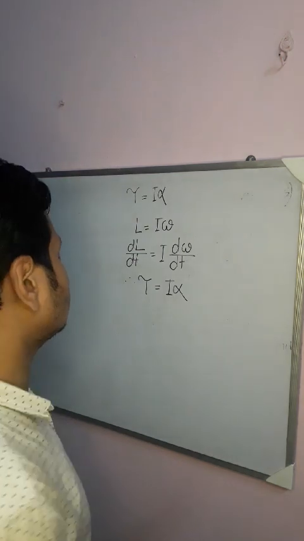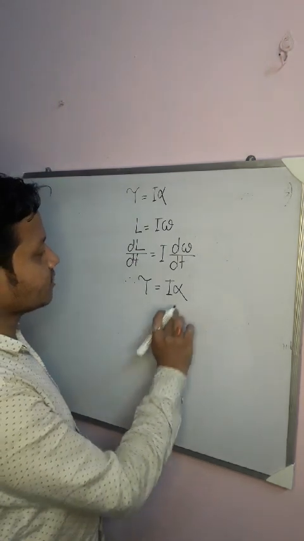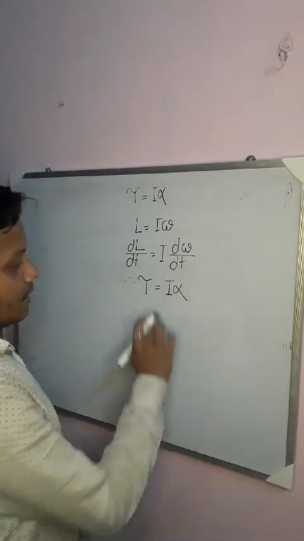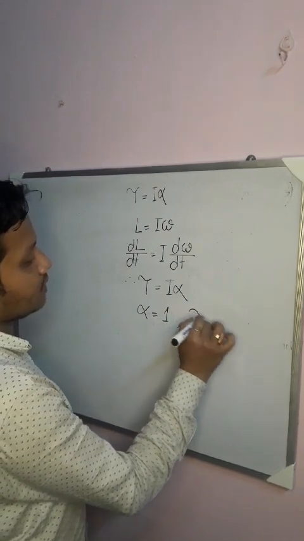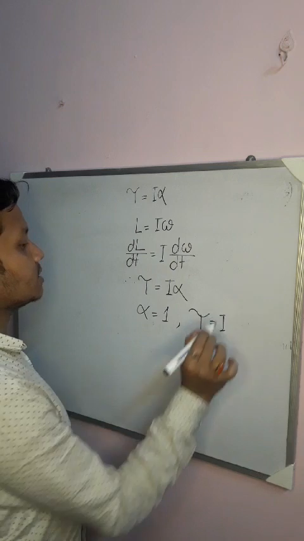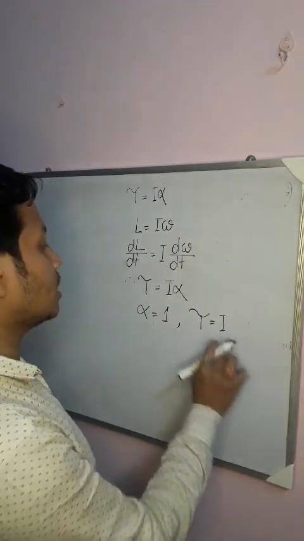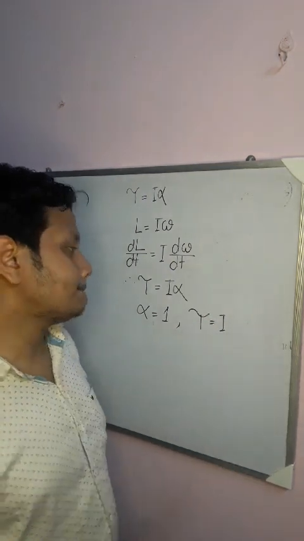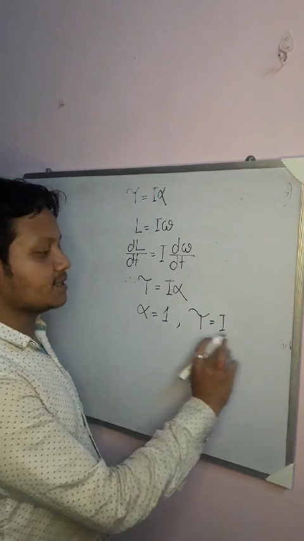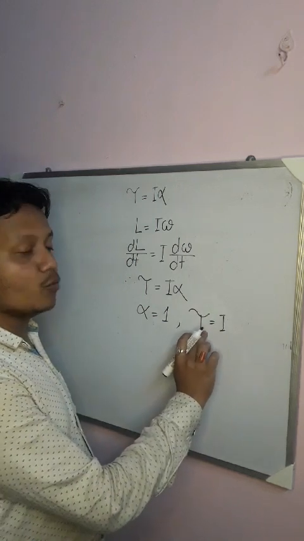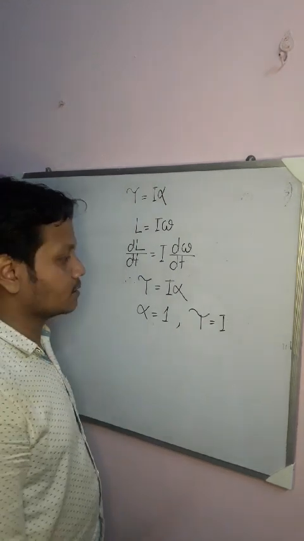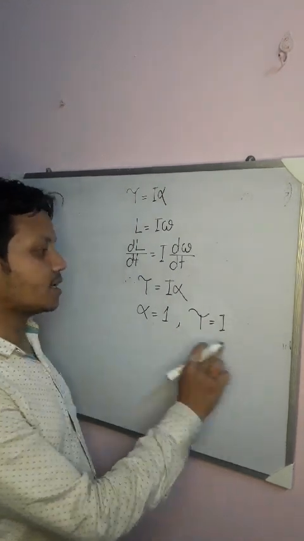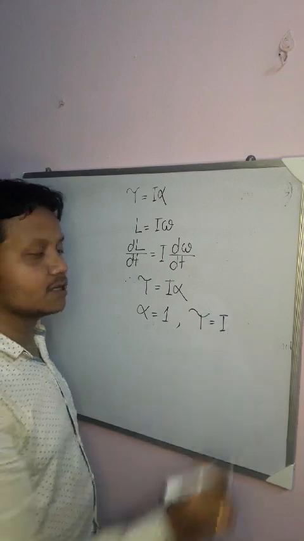So this is how this relation comes. If you take alpha as 1, then the moment of inertia is numerically equal to the torque. For unit angular acceleration, I and tau become the same.